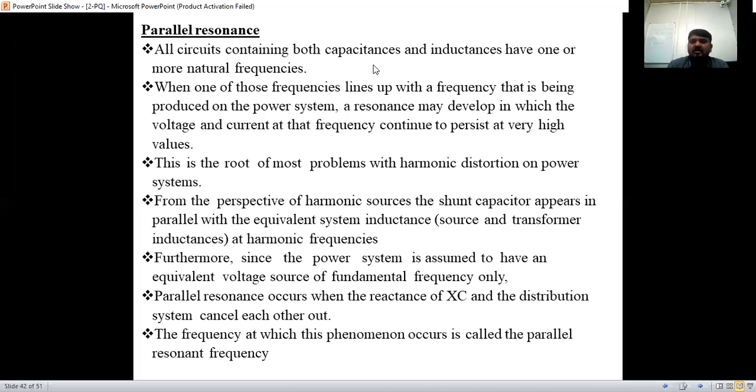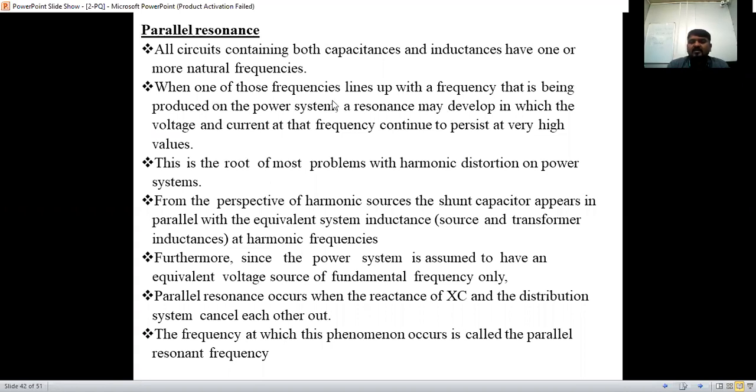So if a natural frequency is there, then what will happen? When one of these natural frequencies lines up with the fundamental frequency or system frequency, that is going to be called parallel resonance. We are going to call it parallel resonance.